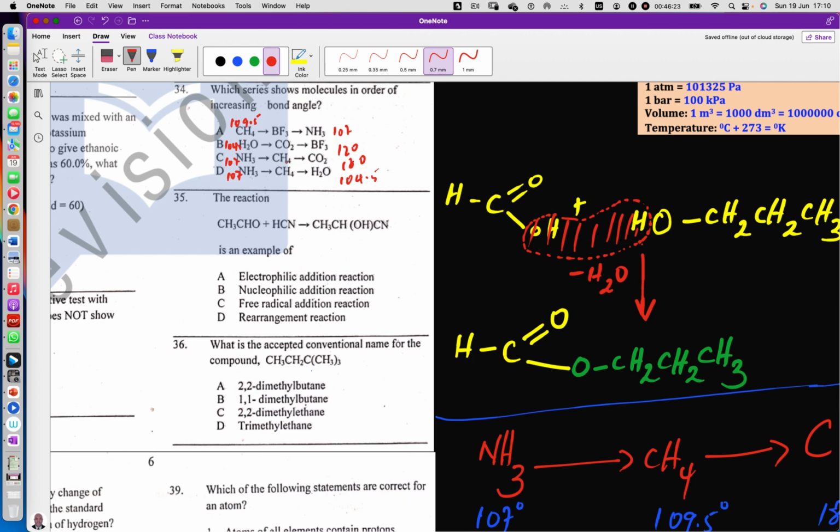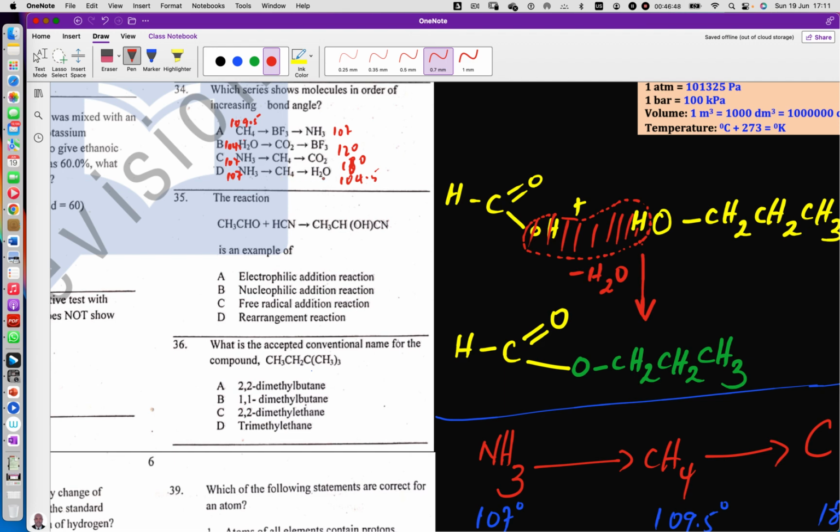Then carbon dioxide is 180. So C is increasing from 107 to 109, and then from 109 to 180. That's good for C. Then D, 107, methane is 109, then water again 104.